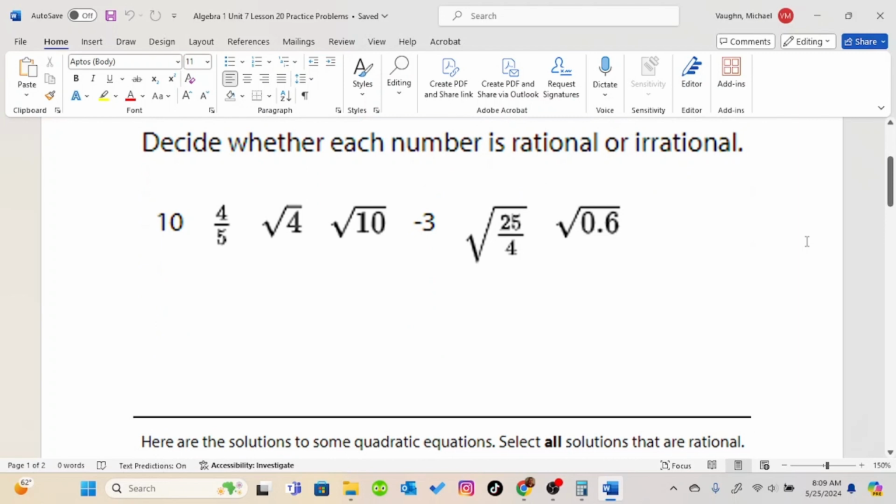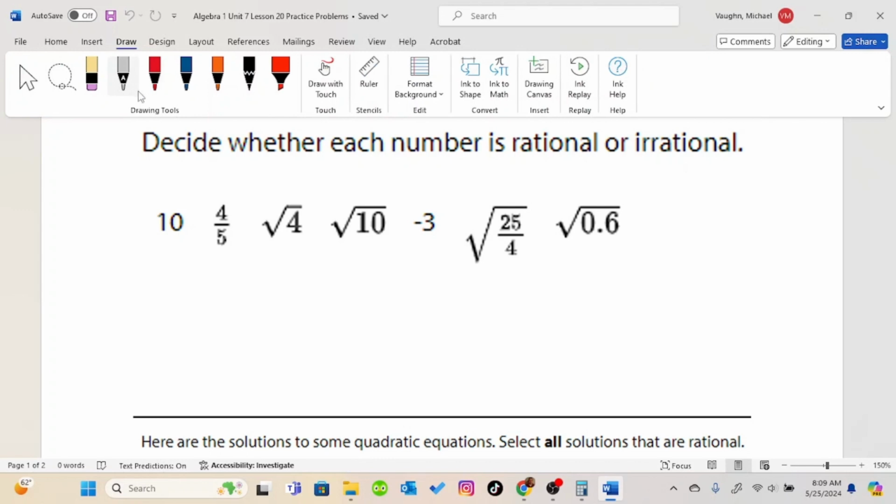So on this first problem, we are going to decide whether each number is rational or irrational. A rational number can be written as a fraction. So a whole number fraction at that.